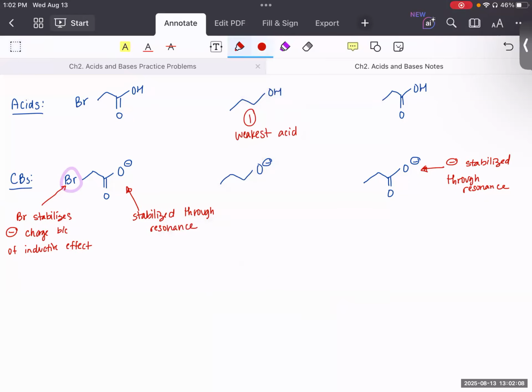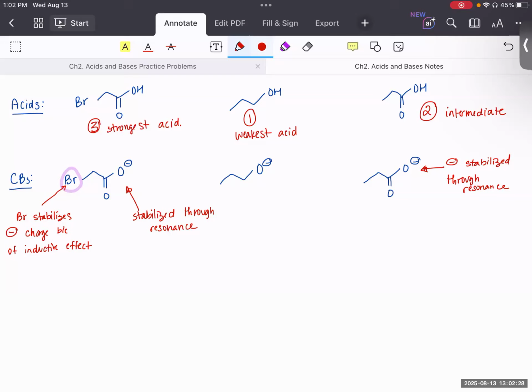Then the one on the end would be the intermediate because it's stabilized by the resonance, but not stabilized by the inductive effect. And finally, this one on the left would be stabilized by both, so it's going to be the strongest acid.